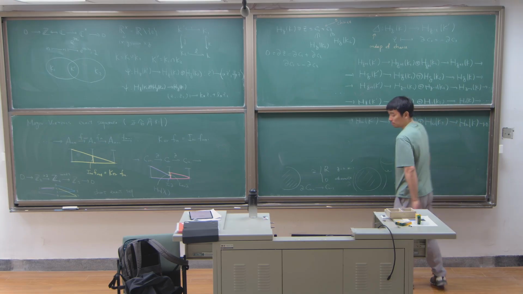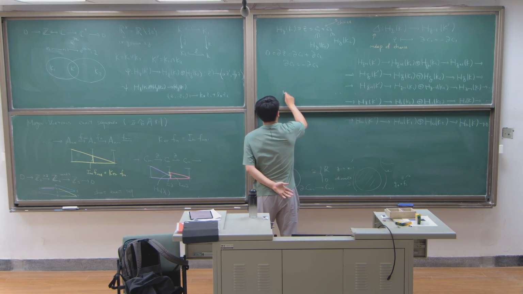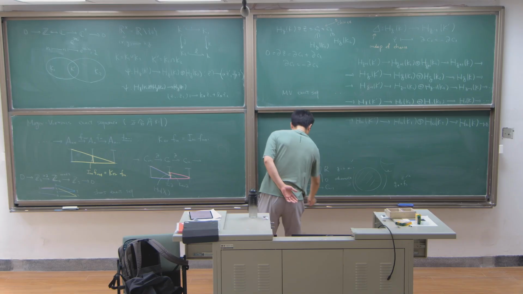Okay, like this. So this is the Mayer-Vietoris exact sequence. So let's look at them one by one.